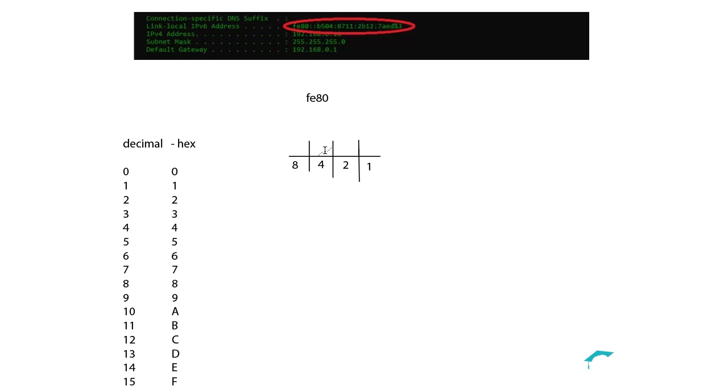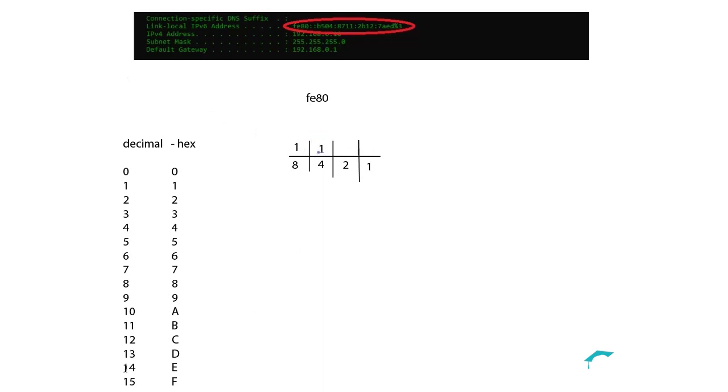So the way that we can calculate this in binary is similar to what we learned before. We can say, is 8 within F, which corresponds to 15? Yes, it is. So we will say 1. Then we subtract 8 from 15, and then we say, is 4 within this value? Again, yes it is. And then we can do that for the rest.